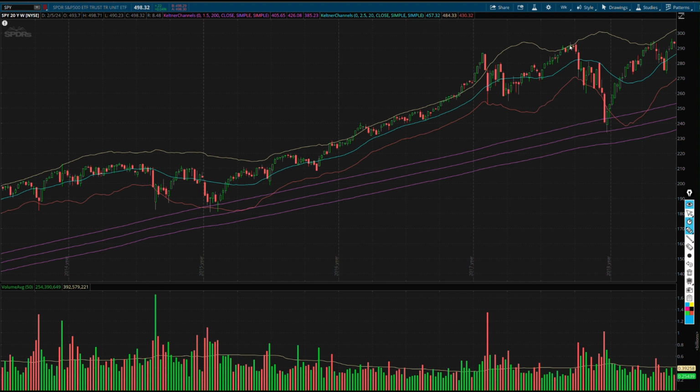Again it touched here. We see it's almost a double top and a major crash happened. Okay, this is another example.